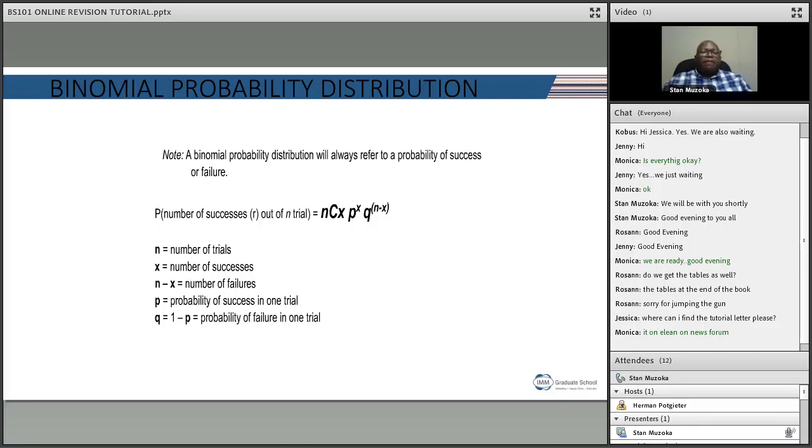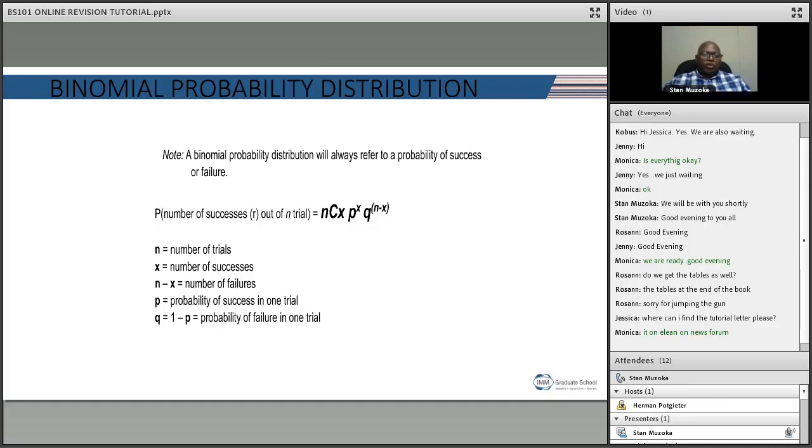The probability of success relates to the random variable under study. It should not be taken literally as success.